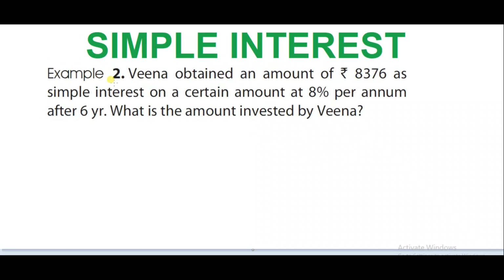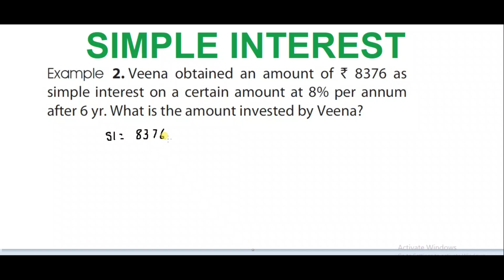Next, example 2. Veena obtained an amount of 8,376 rupees as simple interest on a certain amount at 8% per annum after 6 years. What is the amount invested by Veena? So first read the given problem carefully. Given simple interest equal to 8,376 rupees.